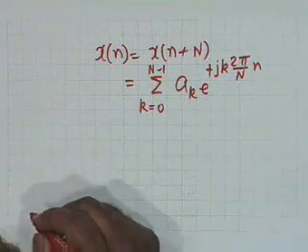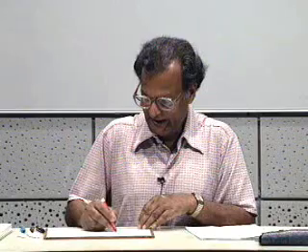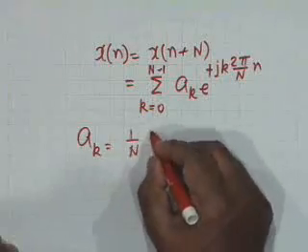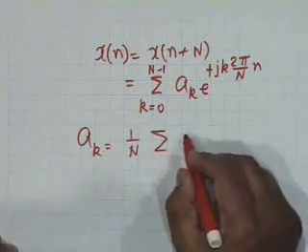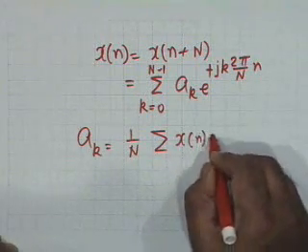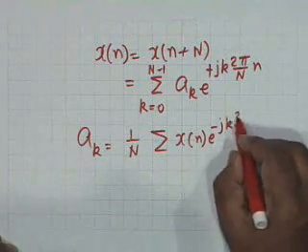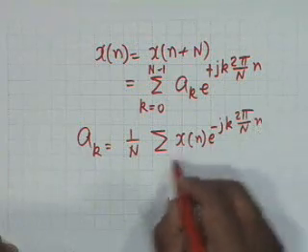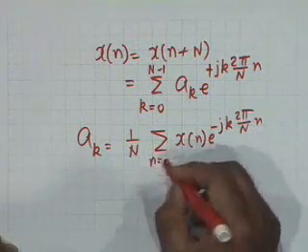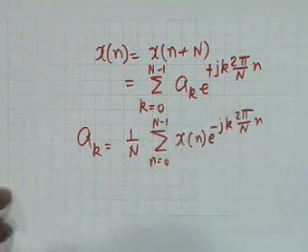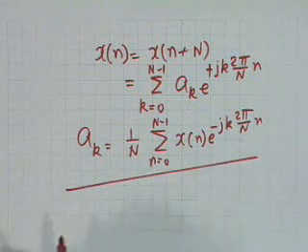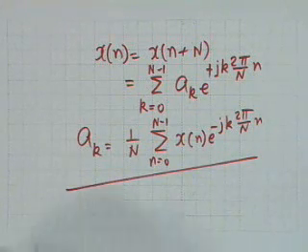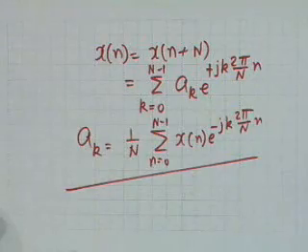This is a Fourier series, and a_k is given by 1 over N summation of x of n e to the minus j k 2 pi by N times n, where n goes from 0 to capital N minus 1. This is my discrete Fourier series. We shall require this a little later. This is as far as the review of previous day's lecture is concerned.